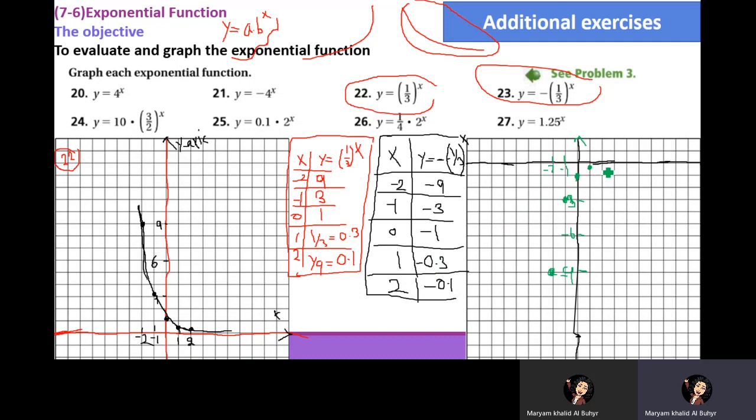Take just 1/3 from this one. Once you have 2, it will be -0.1, which is here, very close to this one. Now you are going to sketch your points. That's how the graph will look.